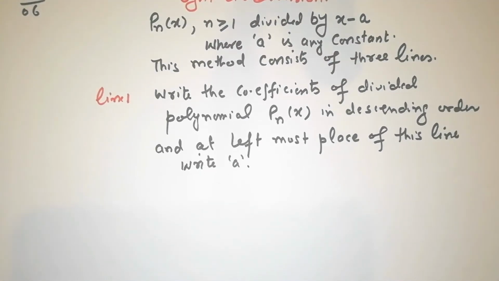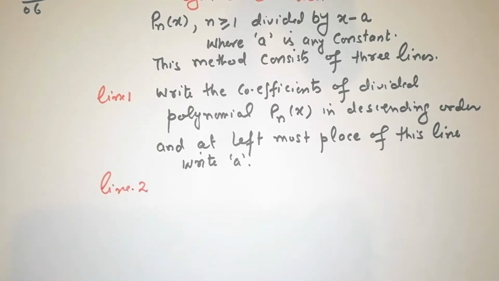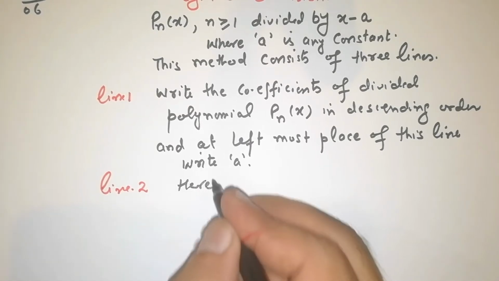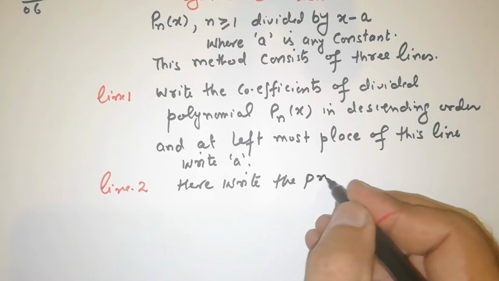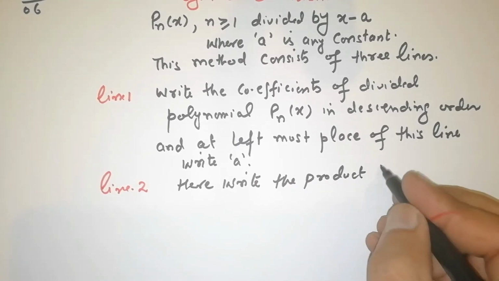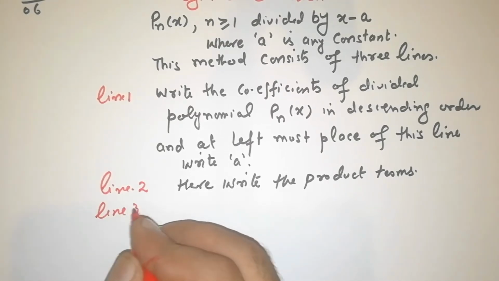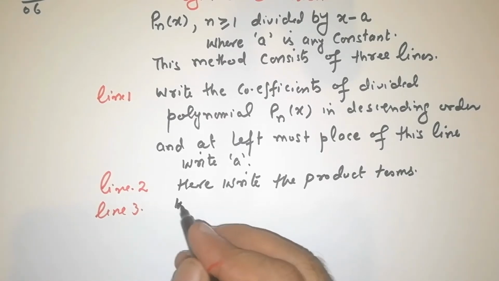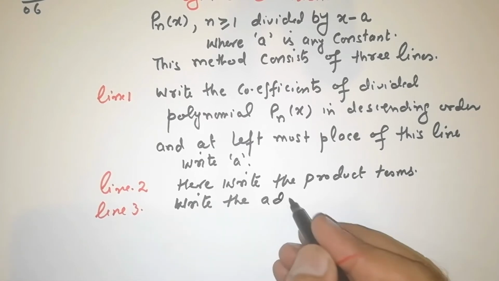Now in the second line, what do we write? Here we write the product terms, and in the third line, students, we write the addition terms.